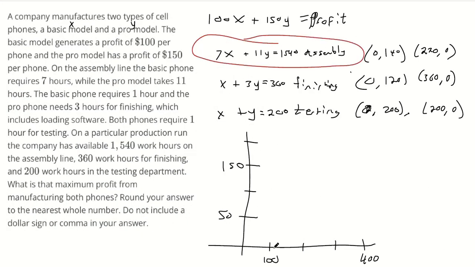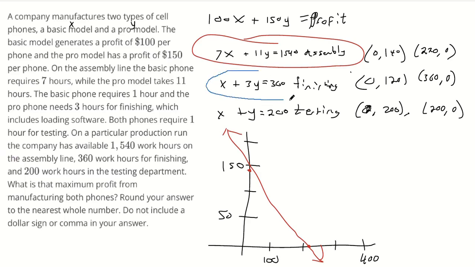So 220 on the x, right around here, 0 for y. 140 on the y, 0 for x. There's our first constraint. It's got to be something less than this. It's got to be going in this direction, because you can't have more than 1,540 assembly hours.